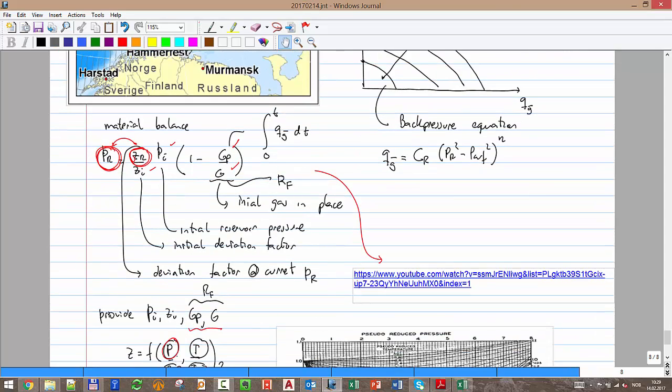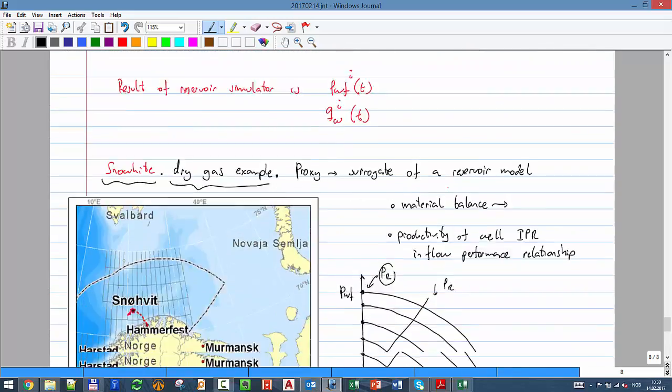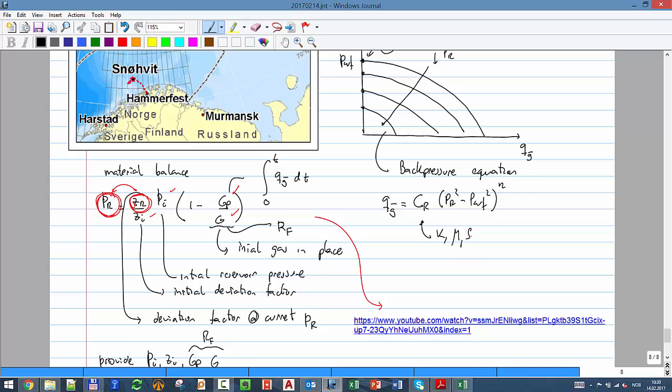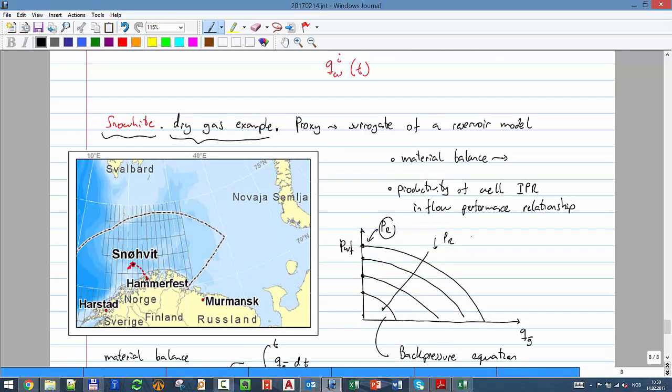But this C has information about permeability, and about properties. What else do we have here? Permeability, properties, saturation. But in this case, it's dry gas, so saturation doesn't change. If saturation doesn't change, the permeability doesn't change.